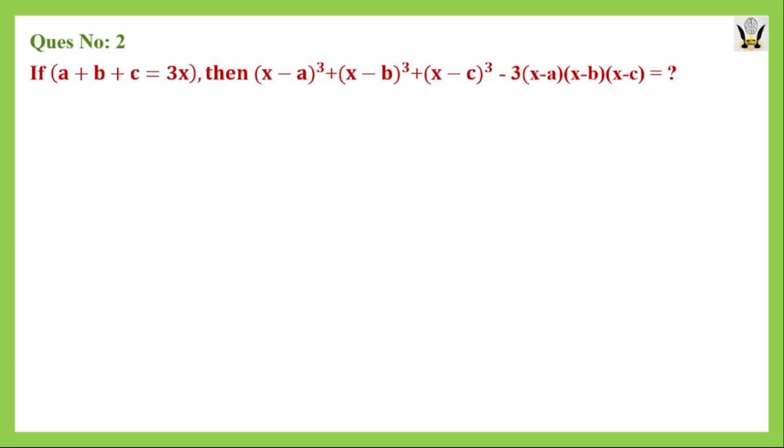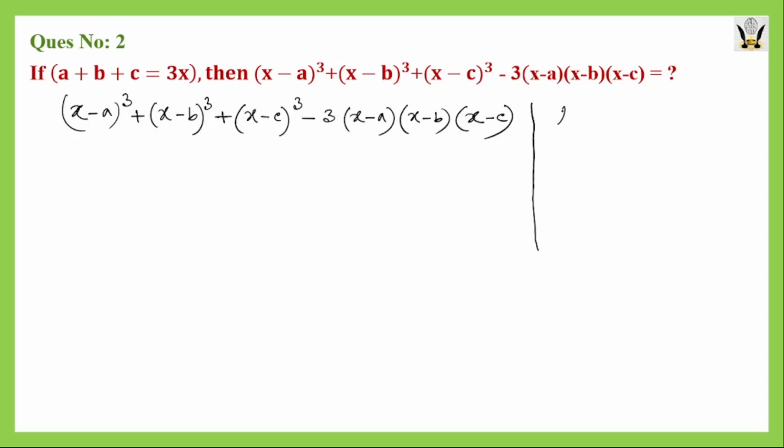Now the next question. Here it is given that a plus b plus c is equal to 3x, and we need to evaluate this expression. What we can do is assume that x minus a is equal to m, x minus b is equal to another variable n, and x minus c is equal to another variable p. If we add these three variables, m plus n plus p, what value will we finally get?